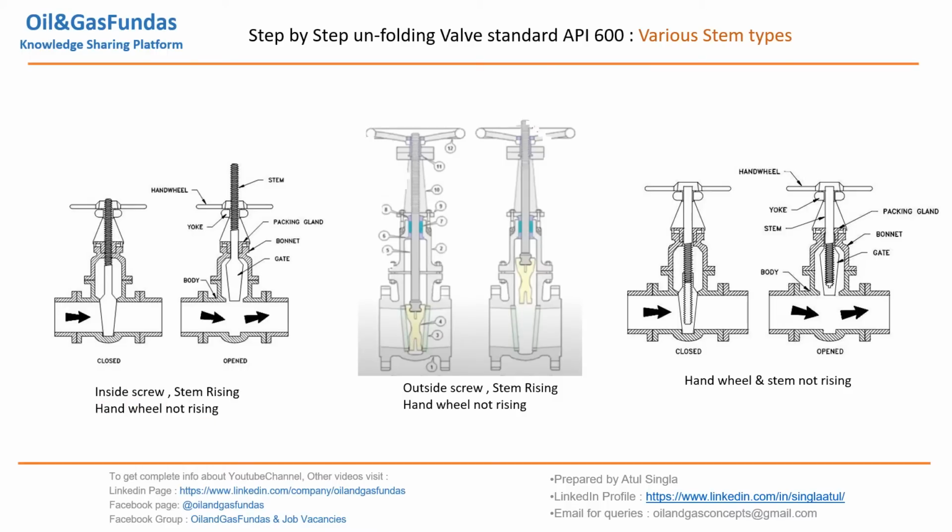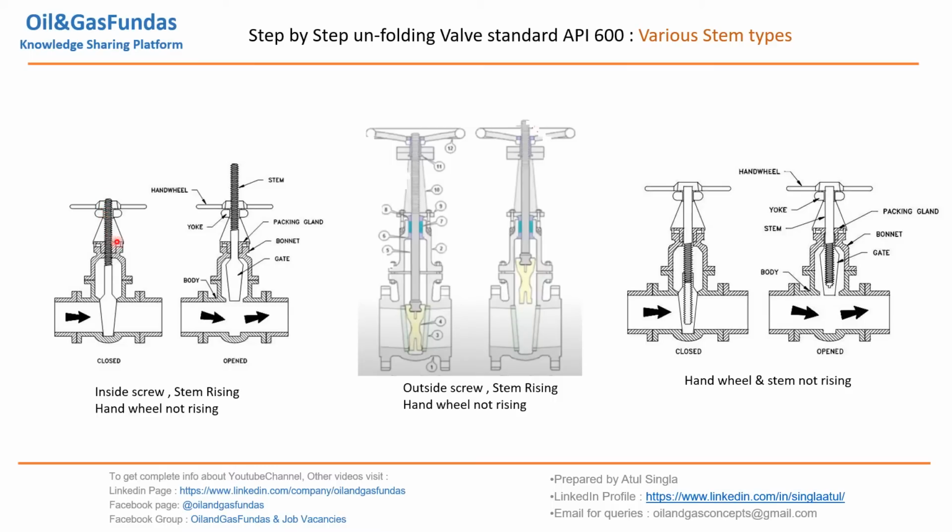If you see, the stem is not moving, the handwheel is not moving, but the stem is rising as the gate moves up to open the valve. This is the closed position, this is the open position. As this is moving up, the handwheel is staying there, but the stem is moving up. So the stem is rising, but the handwheel is not rising, and the screws are inside.